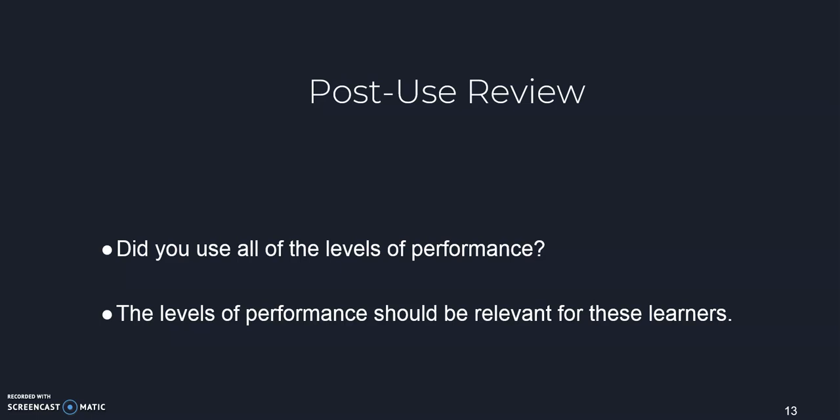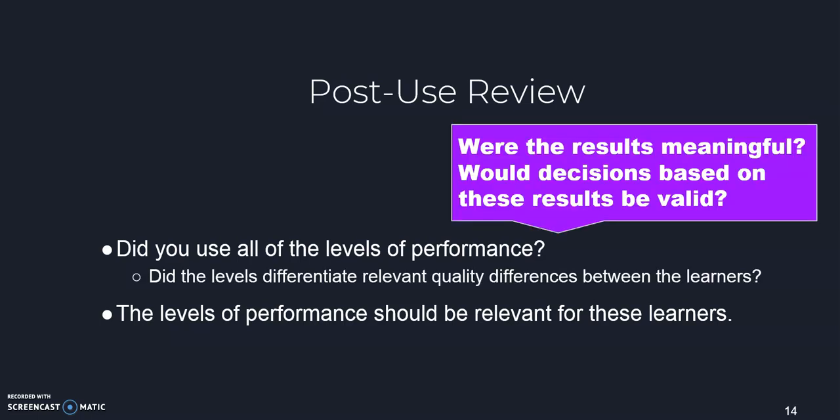If the lowest level of performance isn't used, maybe you can just reduce that level of performance. Maybe your students are more advanced. So think about that. Were the results meaningful? Would the decisions based on the results be valid? So did the levels really differentiate relevant quality differences between the learners?